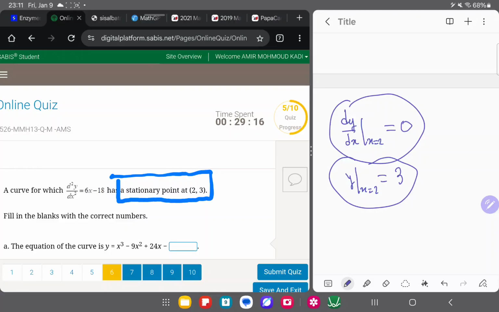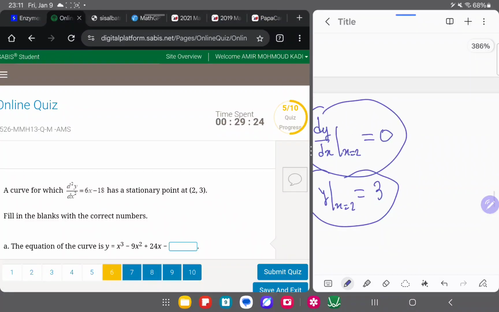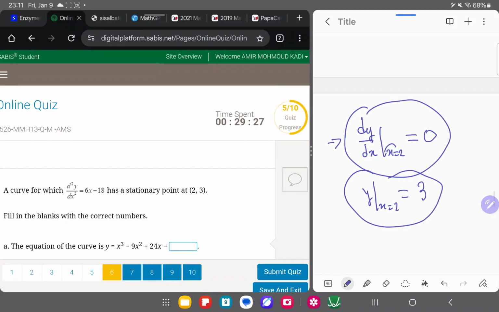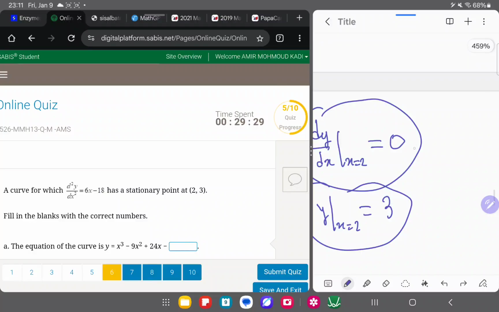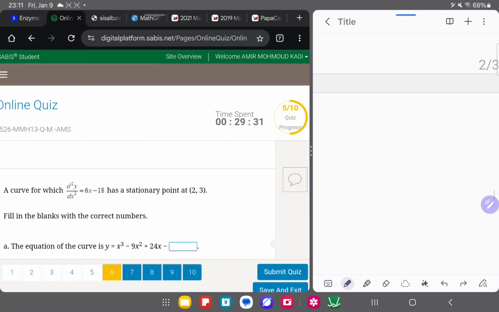This is why I stated that the derivative at that point is 0, because stationary points make dy over dx equal to 0 once you substitute the x value in.